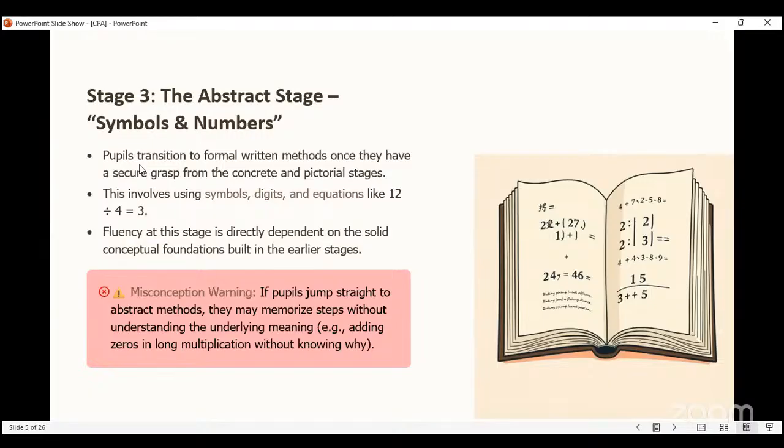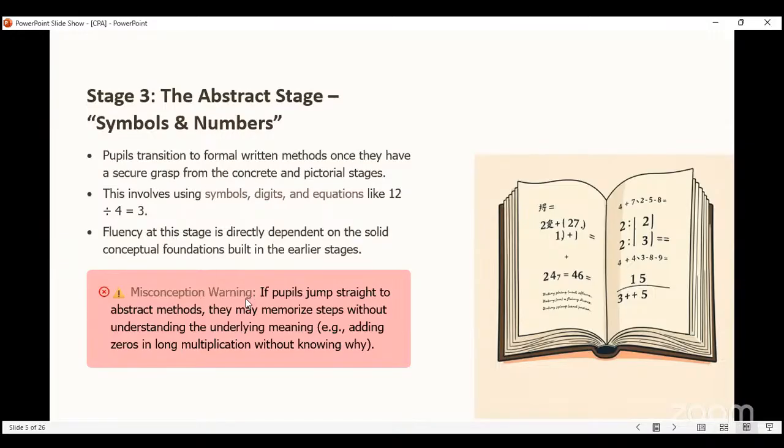Once there's a link, that's when what we call conceptual understanding happens, which is the essence of this module, Numeracy 301. And once conceptual understanding happens, fluency at this stage is directly dependent on the solid conceptual foundation built in the earlier stages of concrete and pictorial.